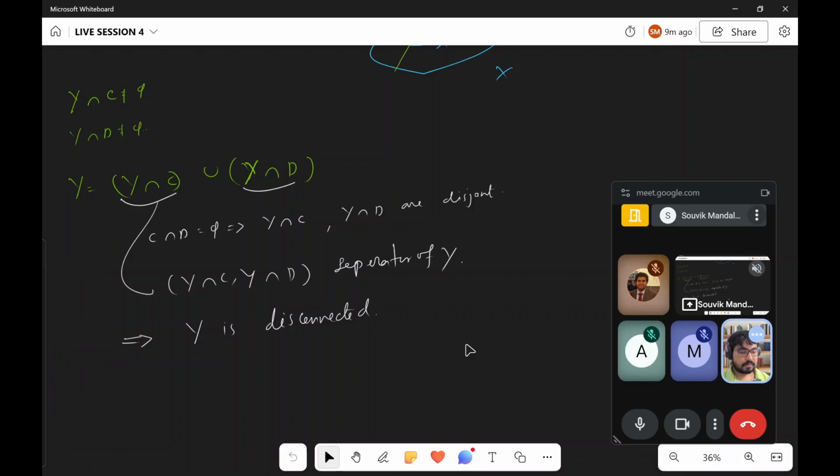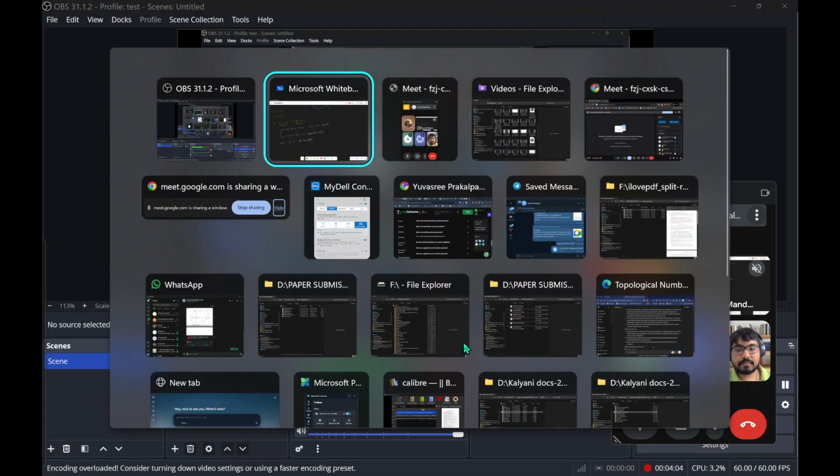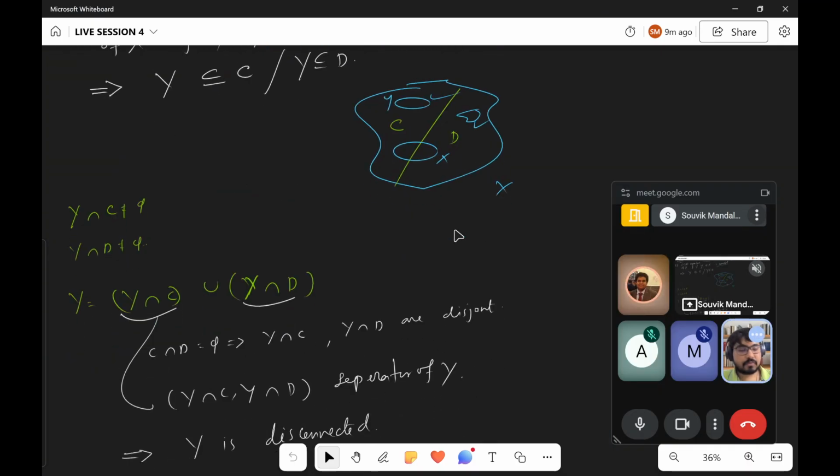Okay. A student asks about a notation in the statement.